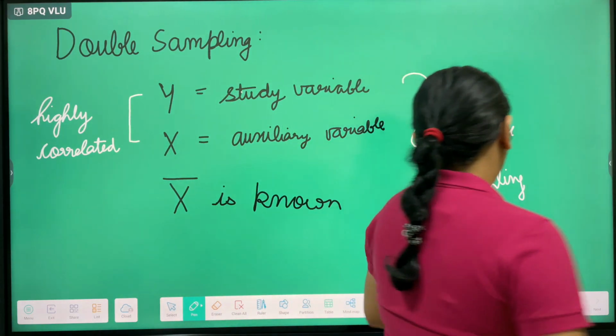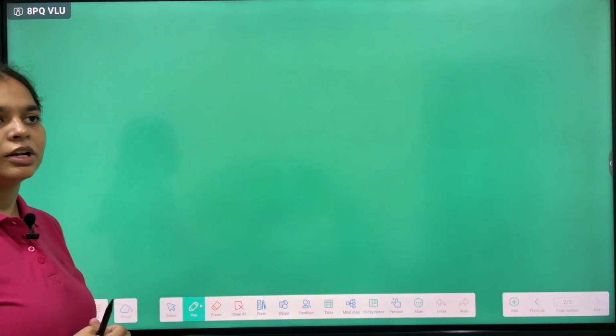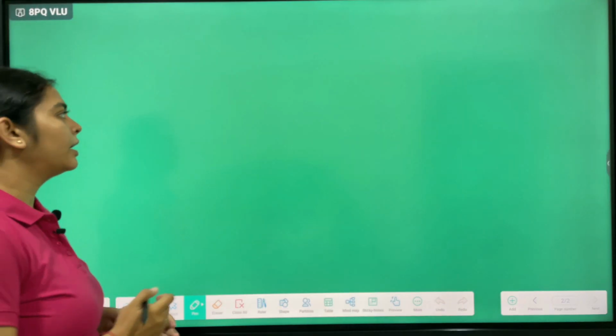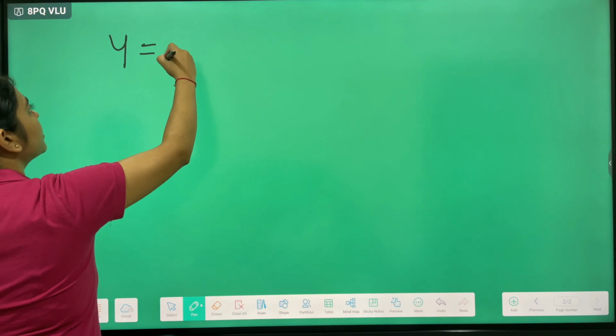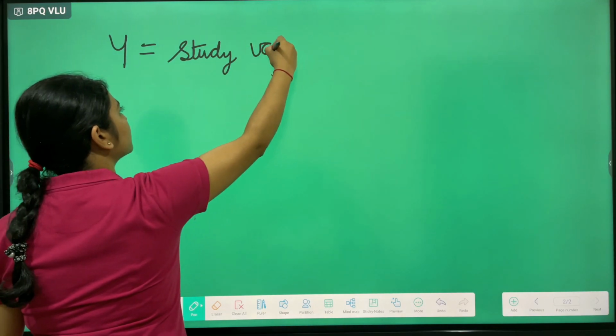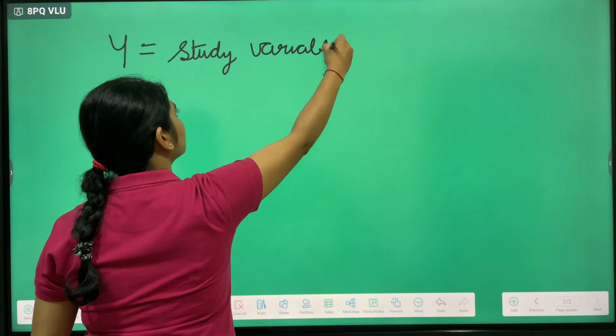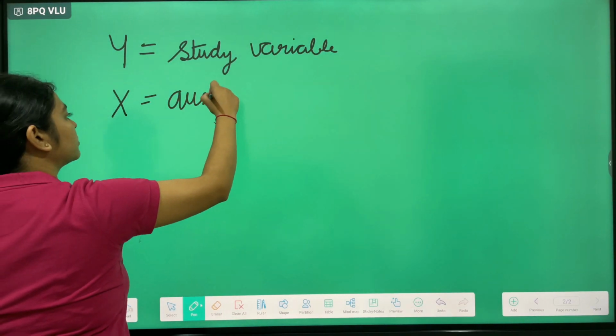What is double sampling? First of all, why does this concept arise? In double sampling, we again have two variables: y, which is study variable, and x, which is auxiliary variable.